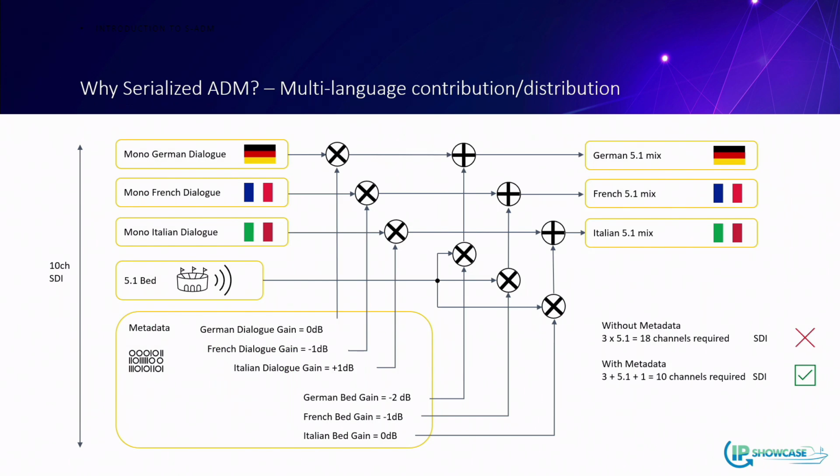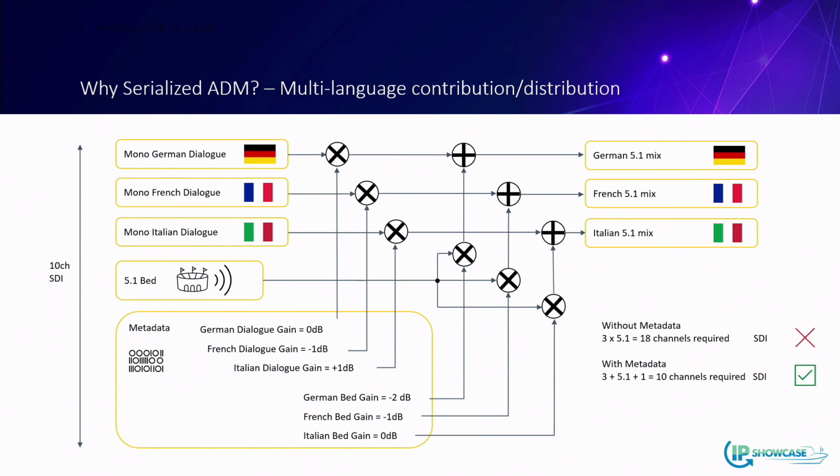Okay, how are we doing for time? Okay, 1 minute. Right, this is something we worked on with SRF. If you want to do 3 languages, 3 complete mains, 5.1, 6 channels each, you need 18 channels. Bang, you're straight through your 16 channel limit.